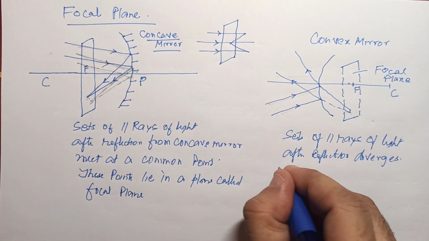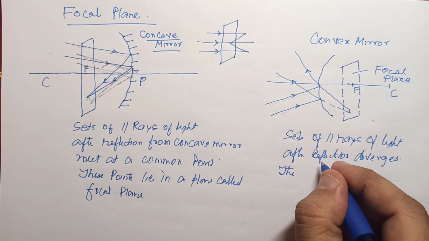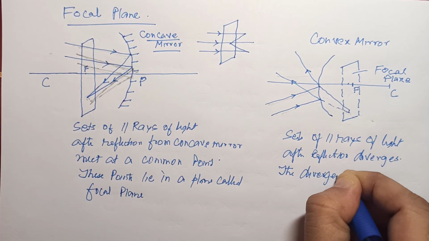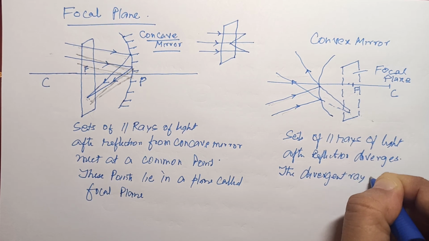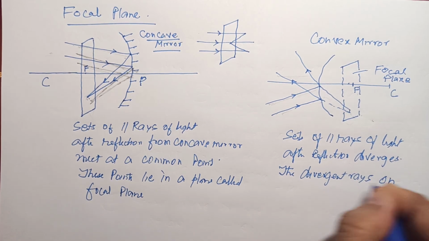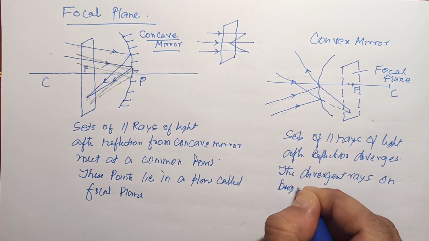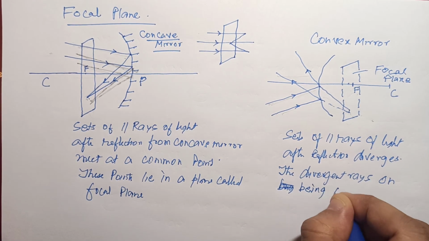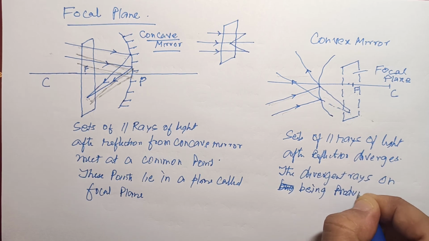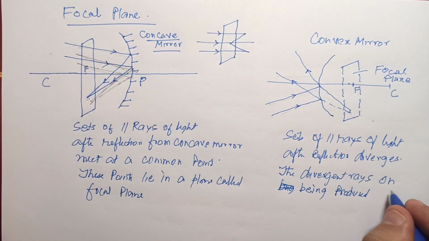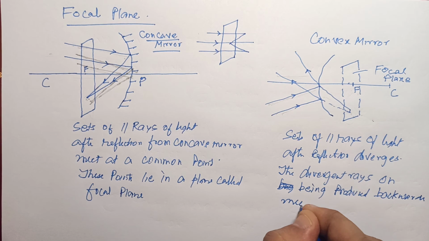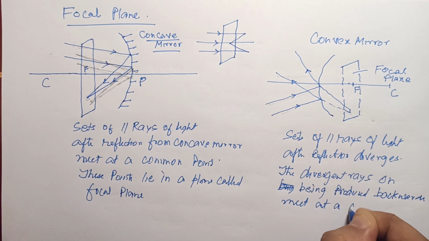The divergent rays, on being produced backwards, meet at a common point.